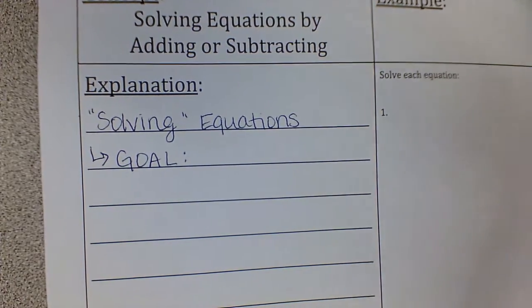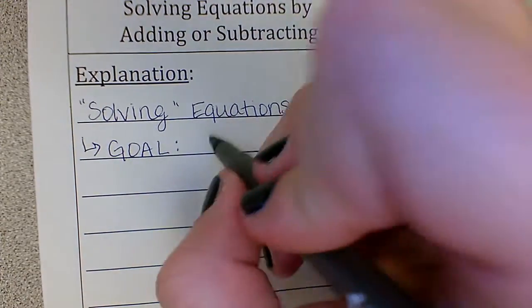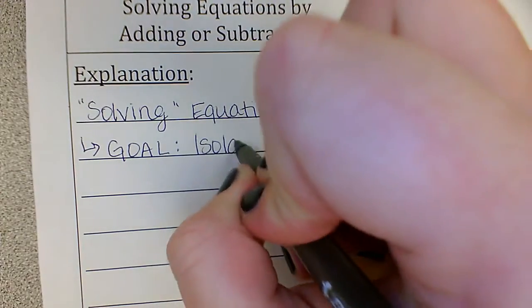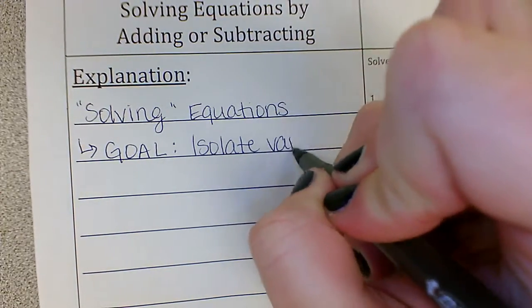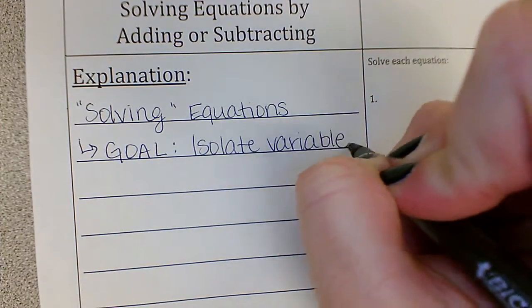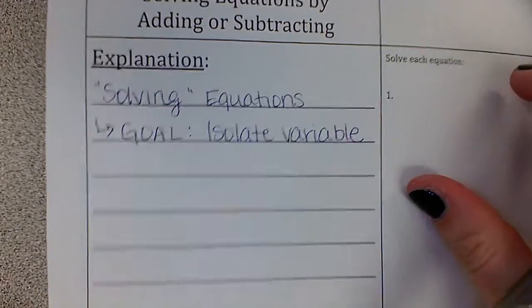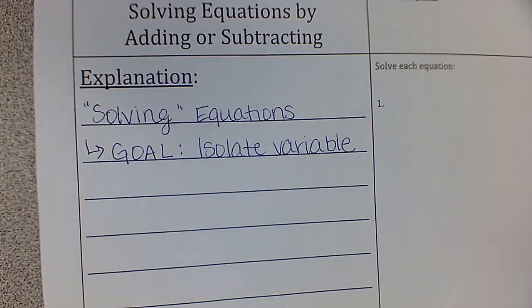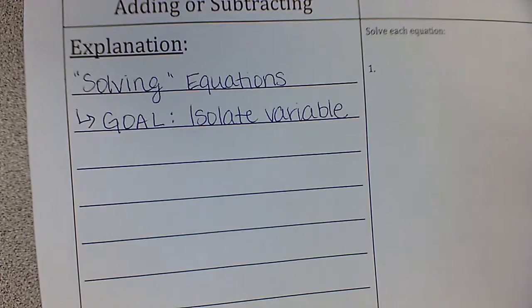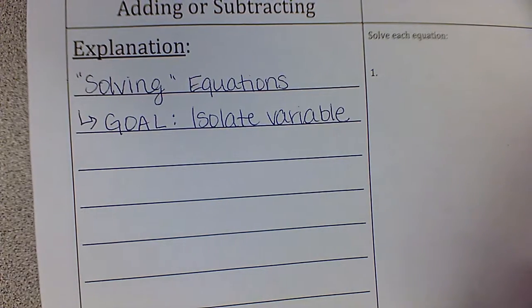Our goal whenever we're asked to solve equations is always to isolate our variable. As far as variables, usually we use x, but sometimes the book likes to get fancy and use different letters. Whatever it is, remember the variable is just our letter that represents an unknown.